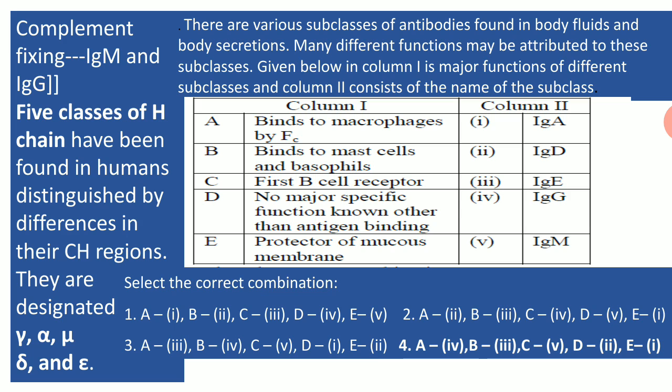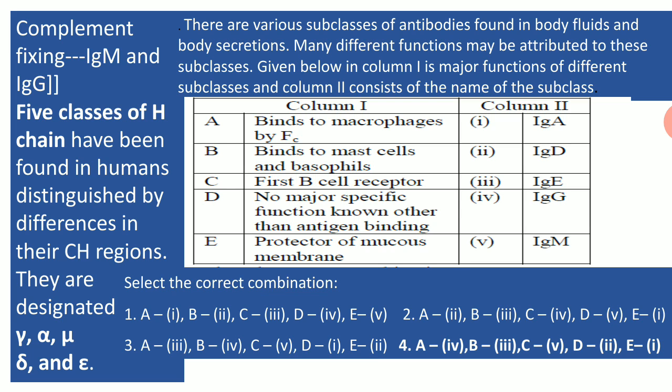So, immunoglobulin M and immunoglobulin G can fix complement. Five classes of heavy chain have been found in humans, distinguished by the differences in their constant heavy regions. They are designated as gamma, alpha, mu, delta, and epsilon.